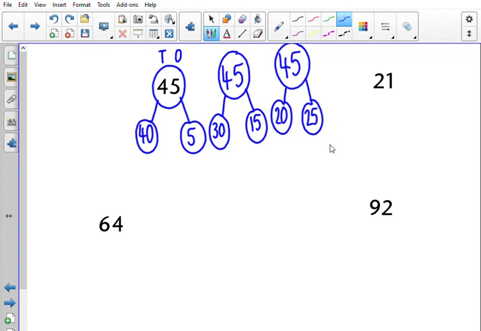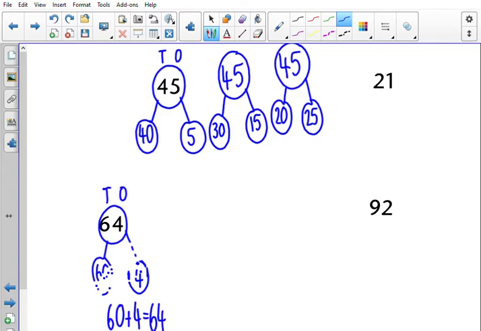Now I'm going to start that again with 64 this time. I've got my tens and ones there, and there we go. Apologies, my pen isn't the best on this whiteboard. So I've got 4 ones and I've got 6 tens, which is 60. Okay, so 60 plus 4 is 64. That would be the number sentence that would match this one.